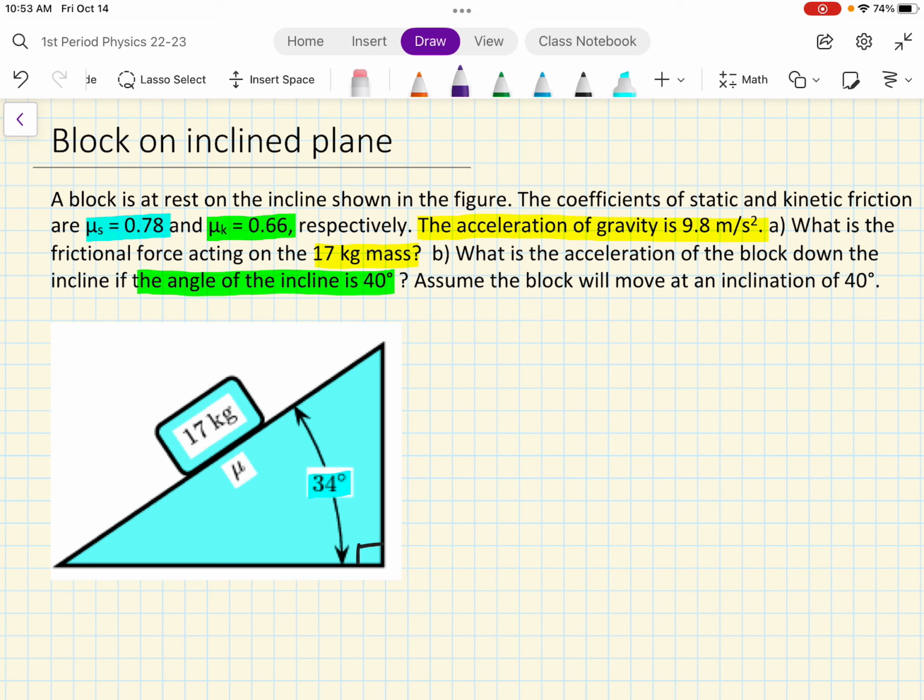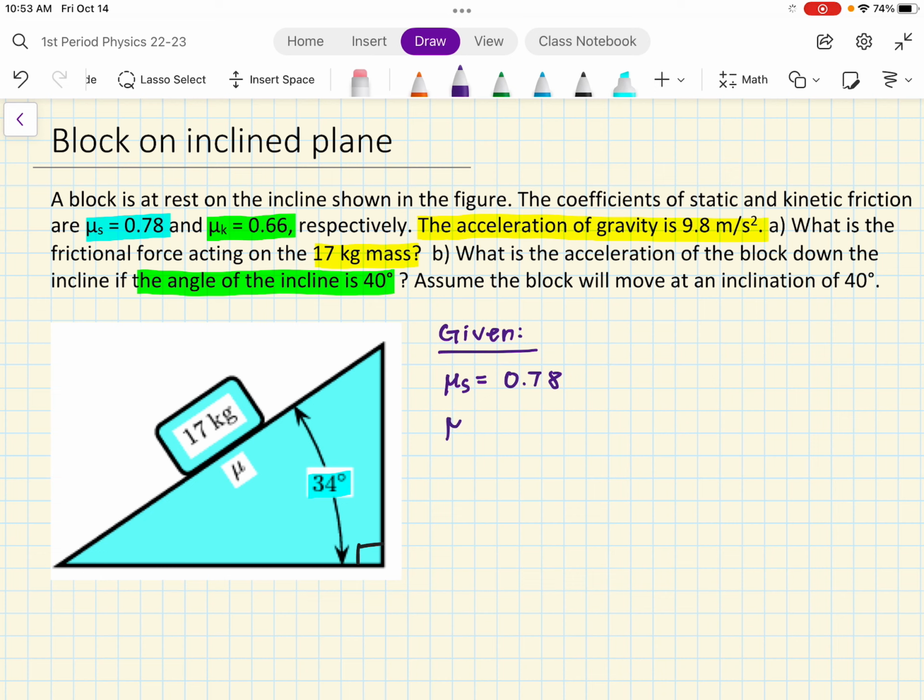Let's write down the givens. I'm going to use purple. Let's see what we have. We were given the coefficient of static friction, 0.78, unitless.